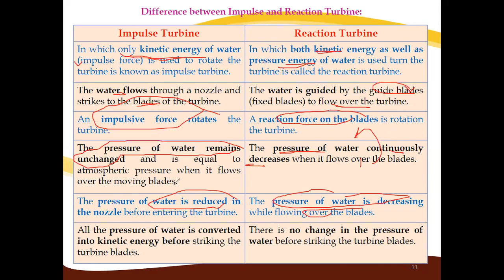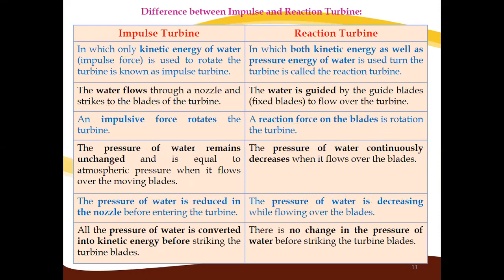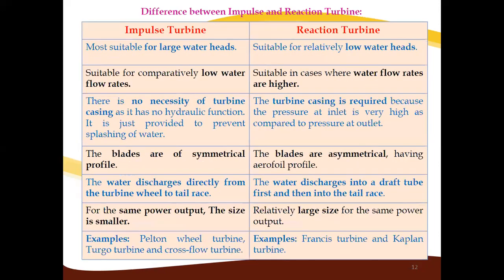Now next, in an impulse turbine, all the pressure of the water is converted into kinetic energy before it strikes the blades. In a reaction turbine, there is no change in pressure energy before striking the turbine. Now we have another differentiation point.